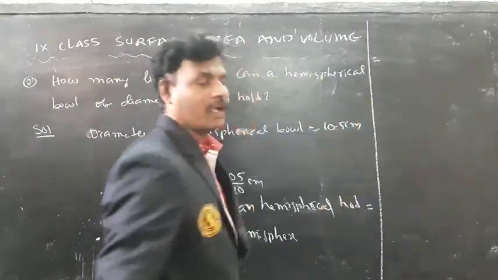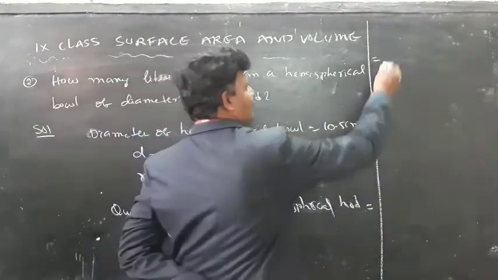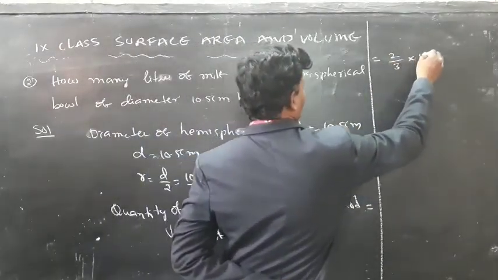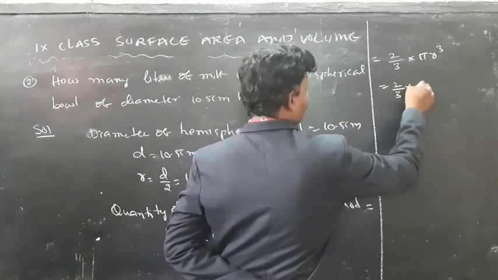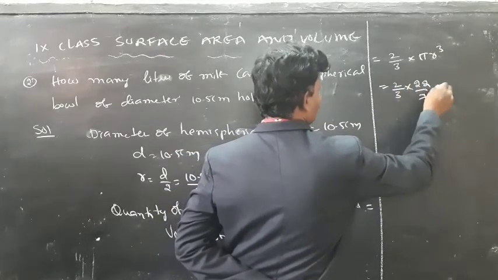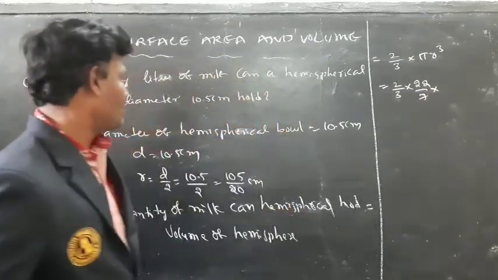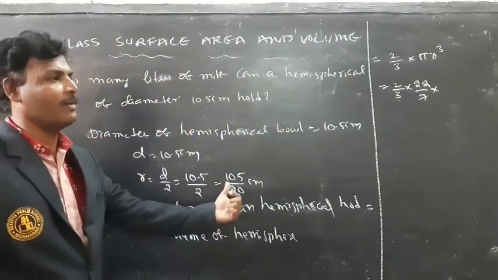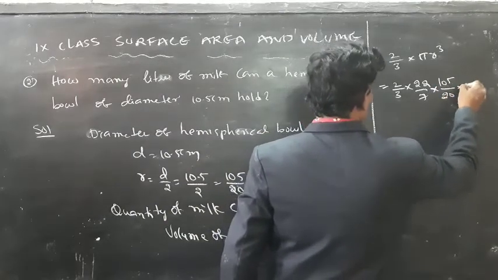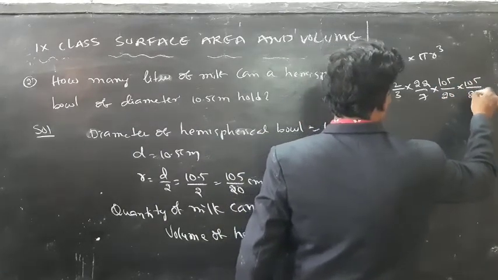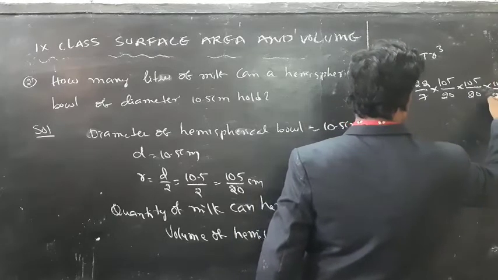What is the formula to find the volume of a hemisphere? 2 by 3 into pi r cube. So it is 2 by 3 into pi, which means 22 by 7, into r cube. What is the value of the radius here? 105 by 20. So r cube means 105 by 20 into 105 by 20 into 105 by 20.